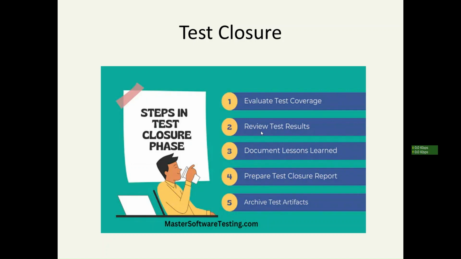Storing everything in a common folder is called archiving test artifacts. Test artifacts means test deliverables: the plan document, strategy document, scenario document, test case document, bug report, RTM, and test summary report are all called test artifacts.